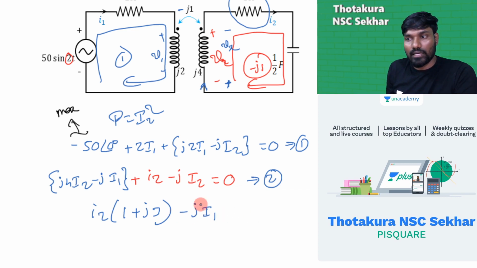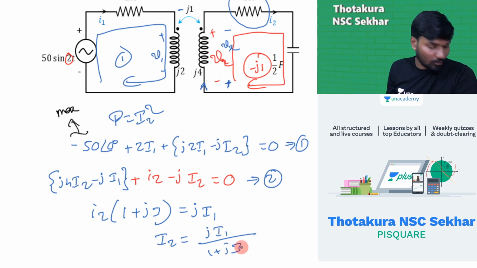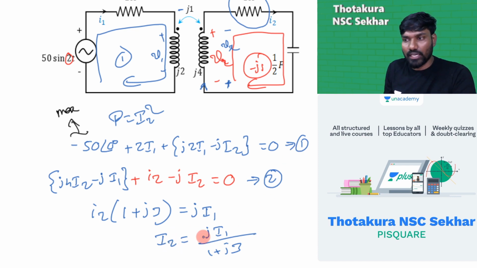If I take minus to the other side, in place of I2 I can keep J I1 by 1 plus J3. I'll have this equation. If you solve these 2 equations, substitute the I2 value here, then you will get I1. After that you can find I2 also. I'm giving the values.